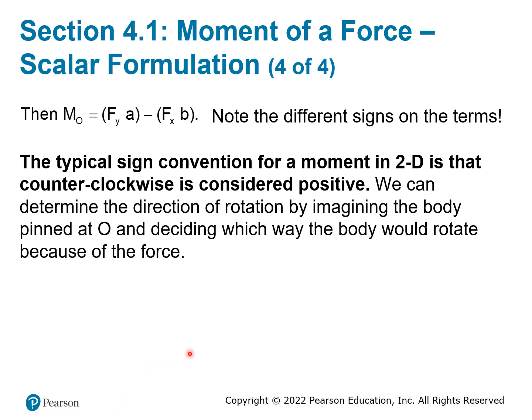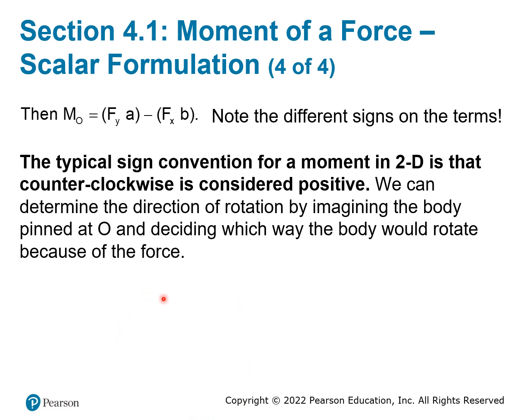So if you want to find the moment with respect to the O, the sum of these two will be the sum of the moment. Again, what is the direction of f of y? The f of y goes up, so it's going to turn counterclockwise. The f of x goes to the right, so it's going to make this one go clockwise.